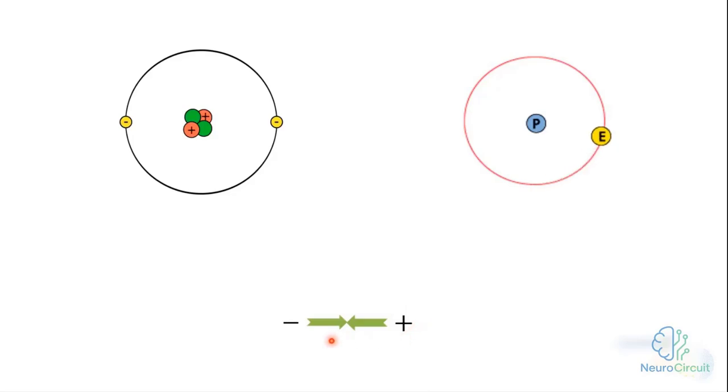Or in other words, if we have a proton and an electron and they are placed next to each other, they will attract each other. Just like in this illustration where you see the electron moving around the proton. Why? Because the electron has a negative charge and the proton has a positive charge, and these two attract each other. This is a property that we attribute to electric charge.